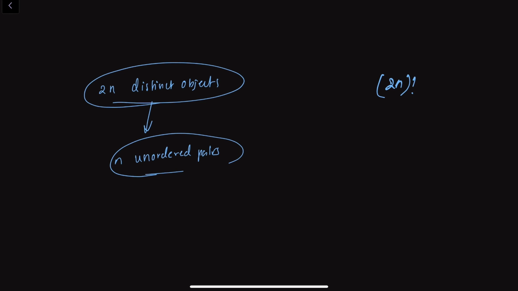Here the order inside each pair doesn't matter, so for each pair we have to divide by 2. We have n pairs, so we are dividing by 2 n times.